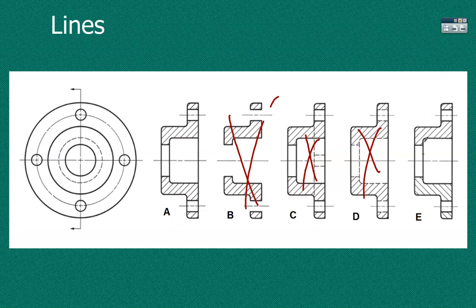This one, they're going at different angles. So in a section, within a part, all the section lines have to go the same direction and angle. This would tell me that this is one part and then this is a different part, because in an assembly, you change the angle of the section lines to show the different parts. Okay? So if it's a single part, all the section lines need to go in the same direction for the entire part.